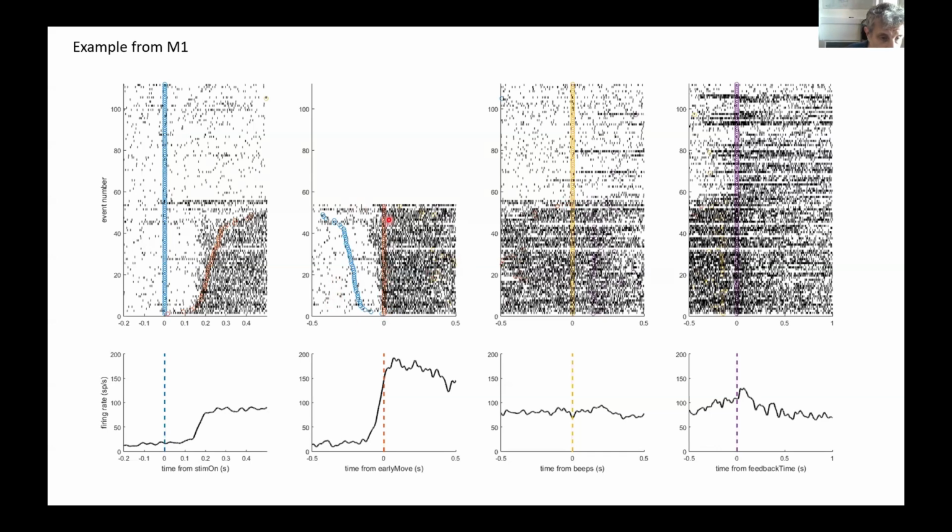Interestingly, if you look at the times when the movement comes on early after the stimulus, there isn't very much of this preparatory activity. But when the movement is late, you have it for longer. So maybe what's going on is the mouse was preparing to move and it was waiting for whatever reason, an extra 50 or 100 milliseconds prior to making the movement.